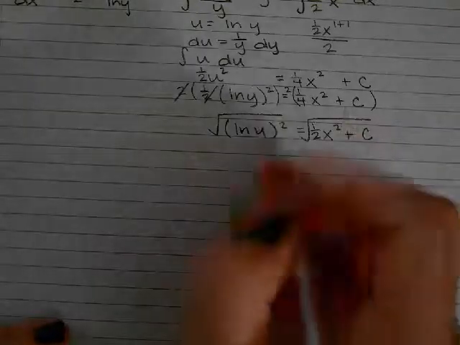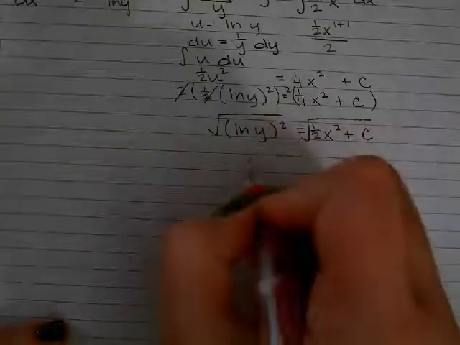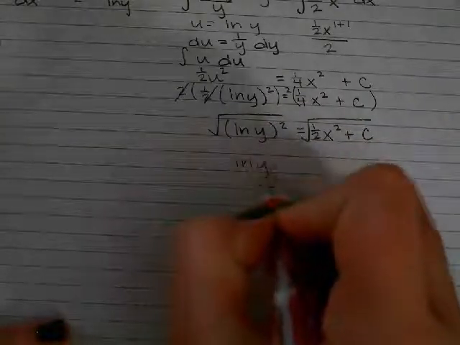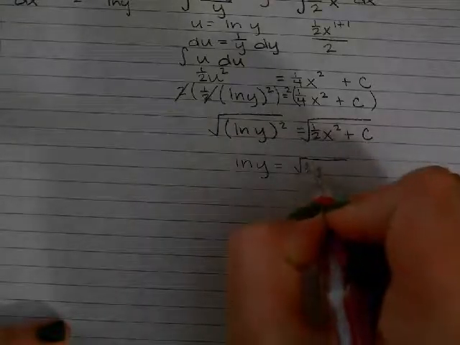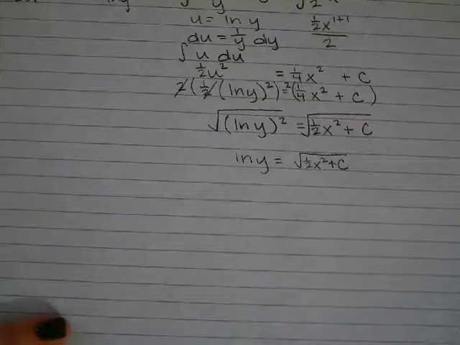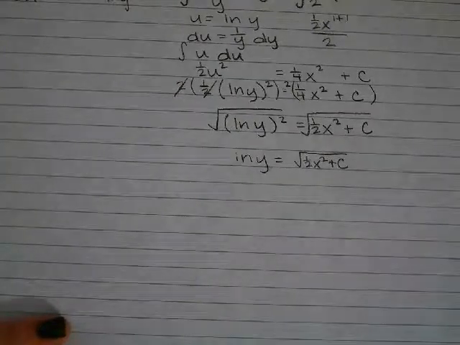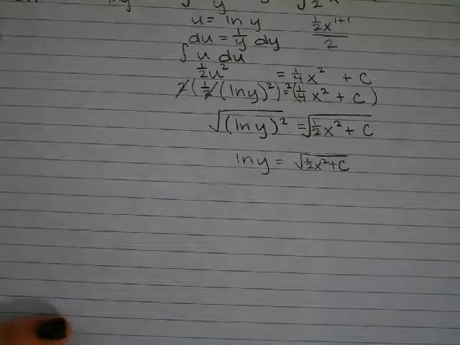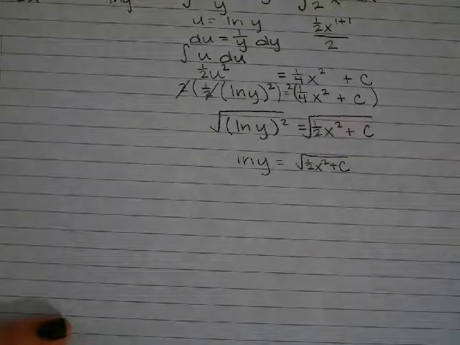All right, so we've got that. We square rooted. Now we've got ln y equals square root 1/2 x squared plus c. And what should we do next? Say it again. Multiply by e, but it's not called multiplying, but you're fine. It's called exponentiating when you put an exponent base. Because you're not actually multiplying, you're putting a base in there.